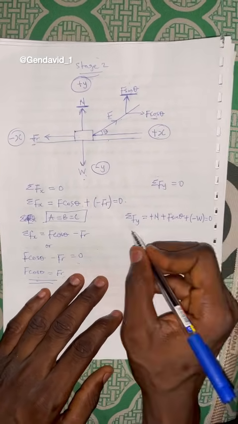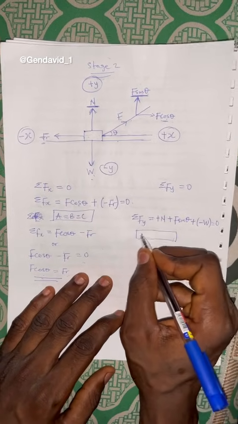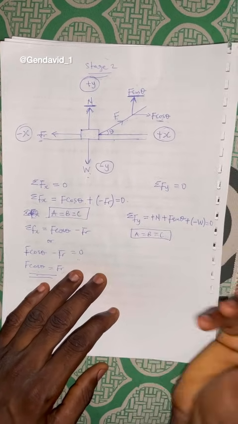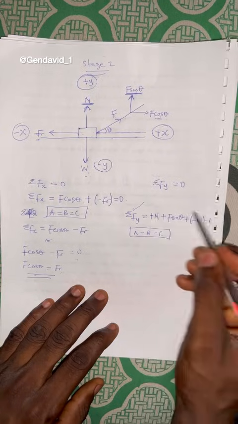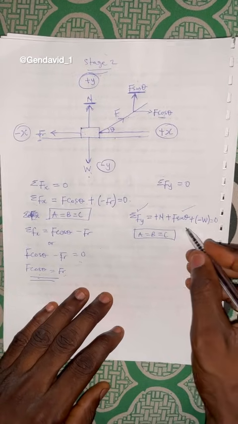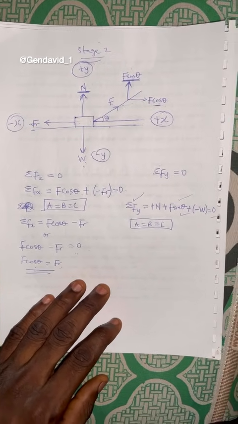Now in this case, you have two choices. You can say that A is equal to B, then B is equal to C. I can decide to say that this side is equal to the one in the middle, or the one in the middle is equal to 0.